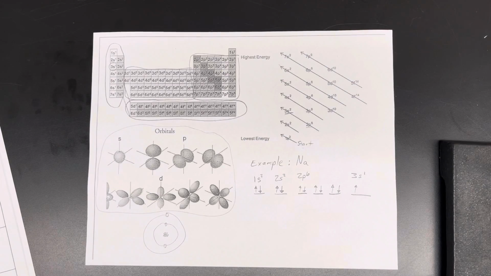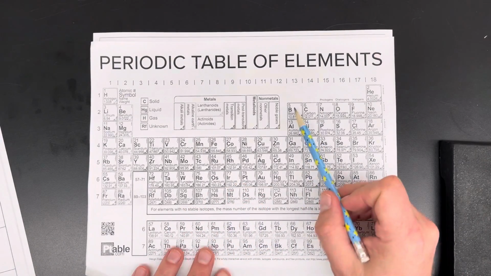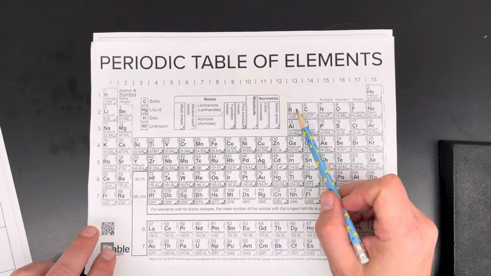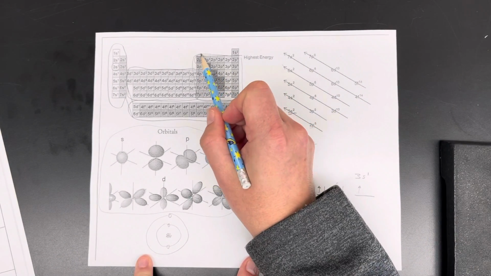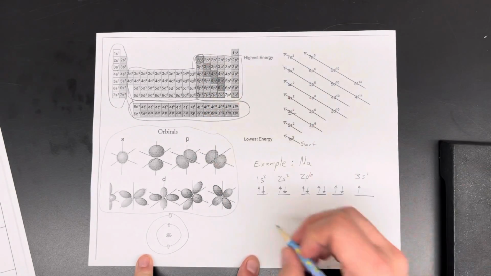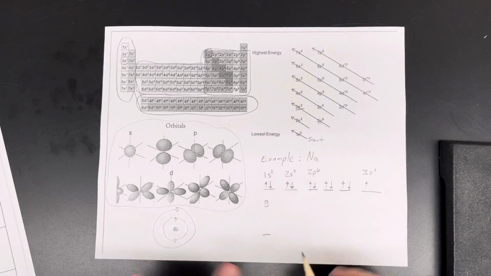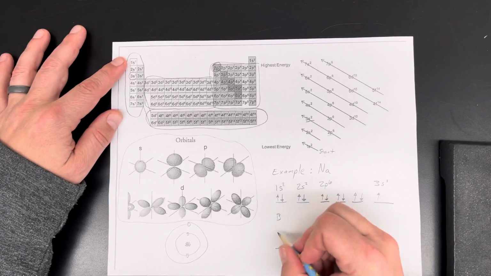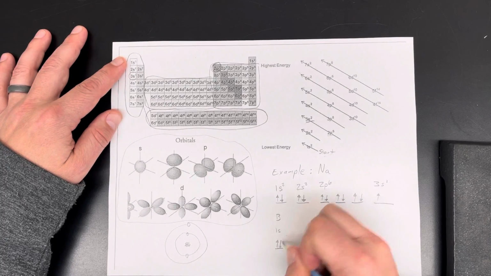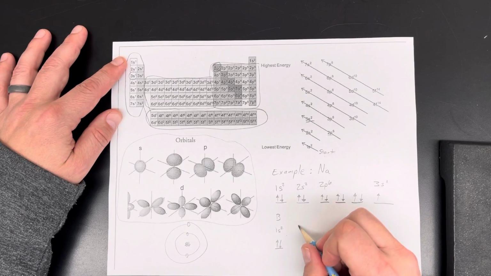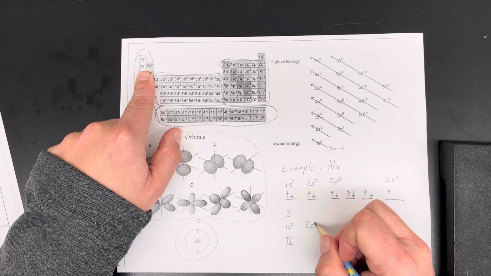Let's do one more example, okay? So what I'm gonna do is find boron. Boron's right here. And boron on my chart is right there, 2p1. But again, I start at the beginning. The 1s orbital, that gets filled up with 2 electrons. The next is going to be the 2s orbital.